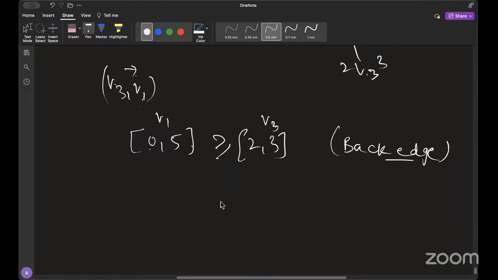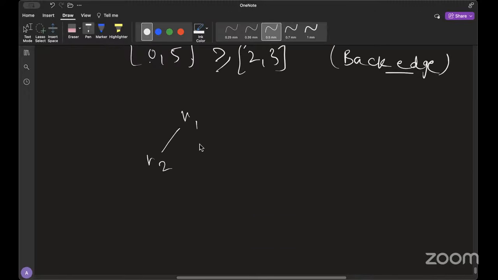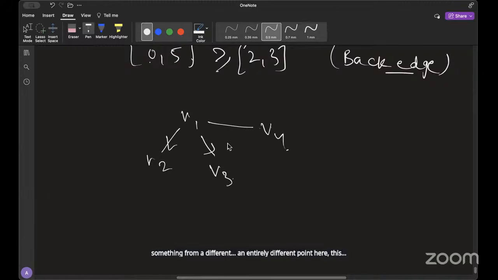And for a cross edge, you'll have something from an entirely different point here. Now, if you have this thing, you'll have the tree as V1, V2.